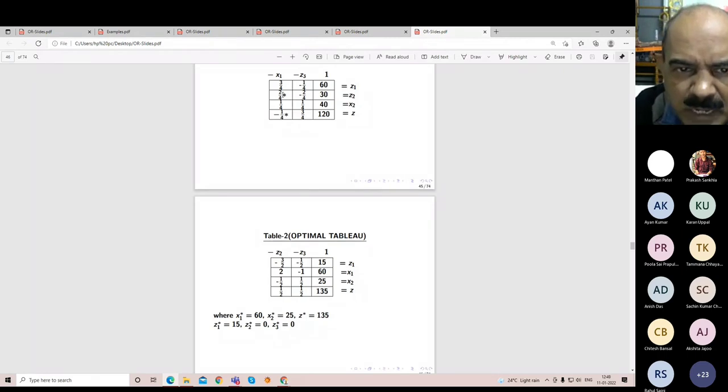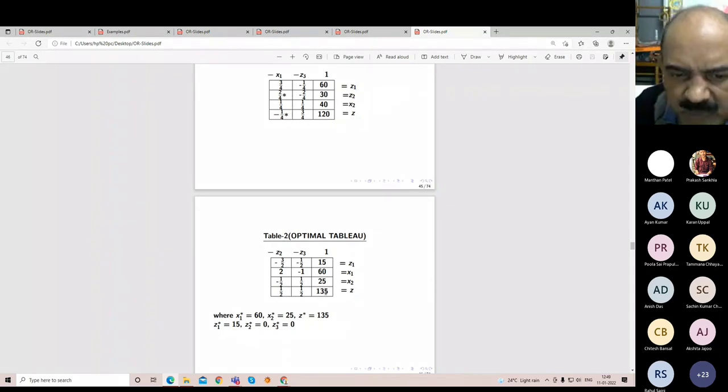You can verify: 2 by 4 into 60 minus 3 by 4 into 30, divided by 2 by 4. This is coming as 15. So the second row we have completed. Third row: 2 by 4 into 40 minus 1 by 4 into 30, divided by 2 by 4.